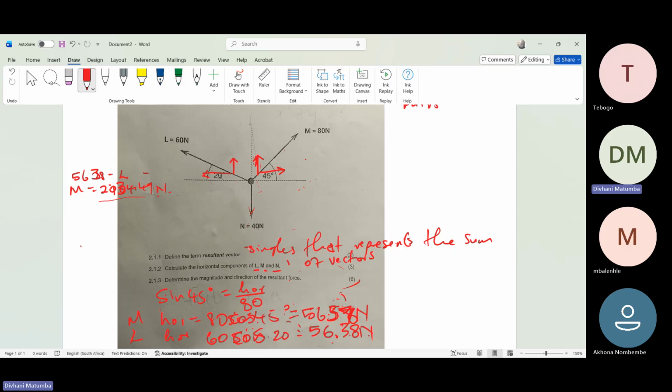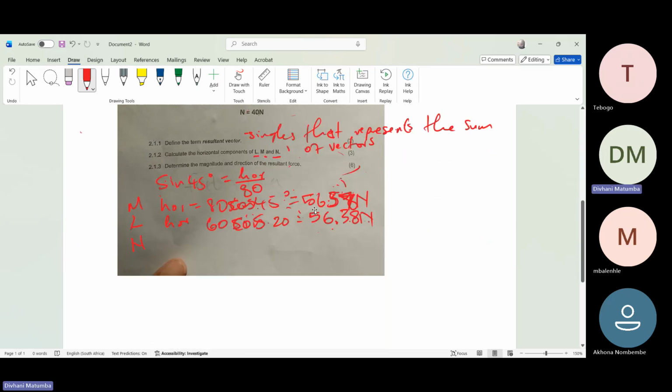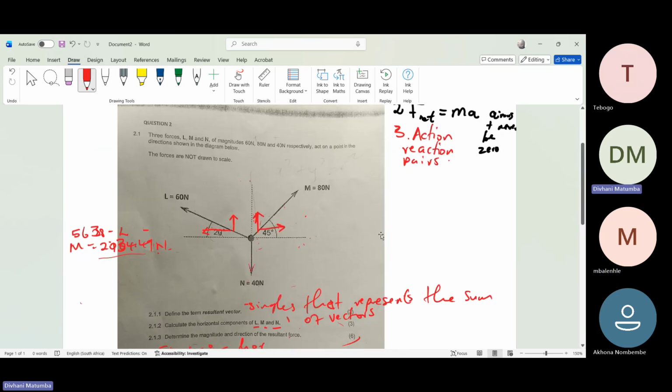Now according to Newton's second law, we have to add all the forces. But before we add the forces, we need to select the direction. I am going to assume that the upward direction is positive and the direction to the right is also positive. It means all the forces that are going the opposite direction will be negative.